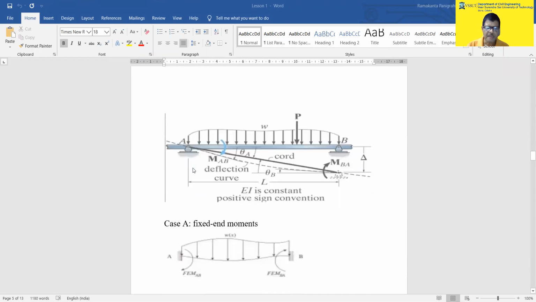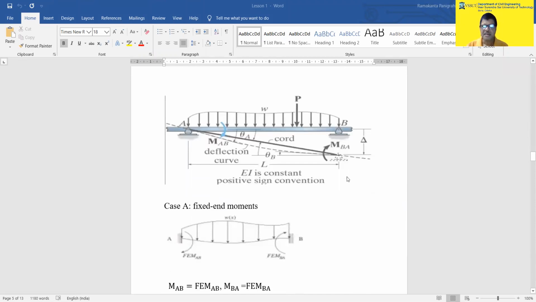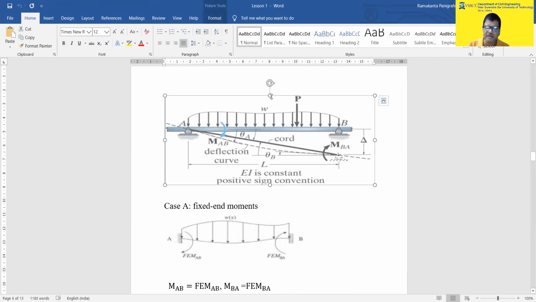Let us come to the derivation. Now we will derive the slope deflection equation. How do we find the slope deflection equation? Now we see we have taken a beam A and B, and there is some loading on this structure, maybe a point load and UDL, or other bearing loads.